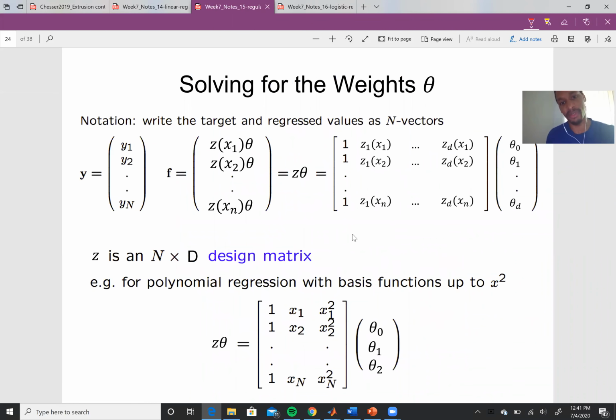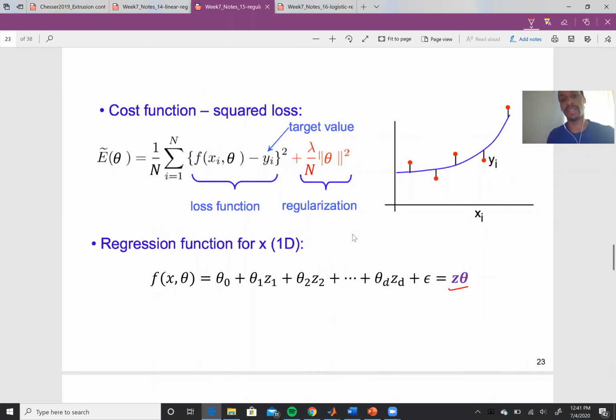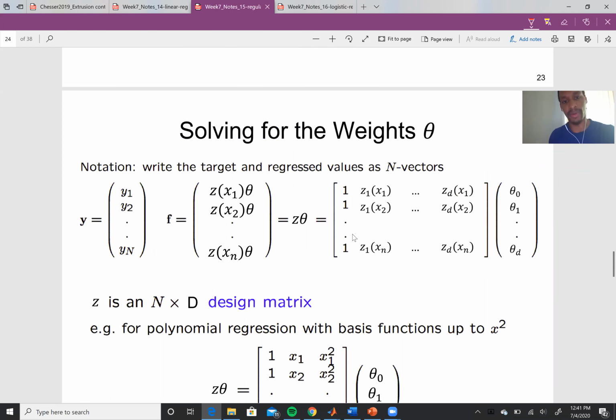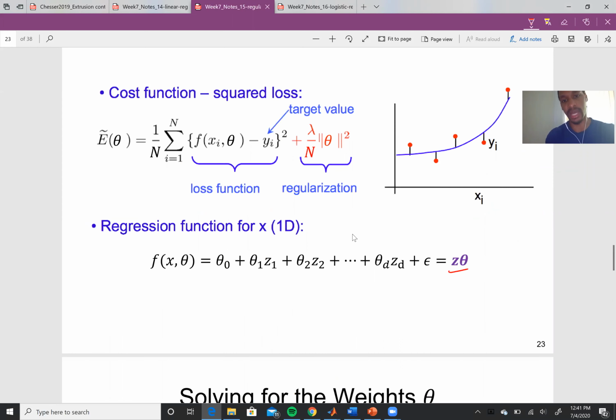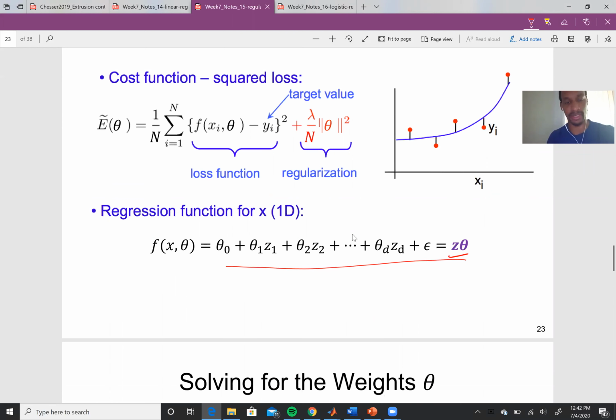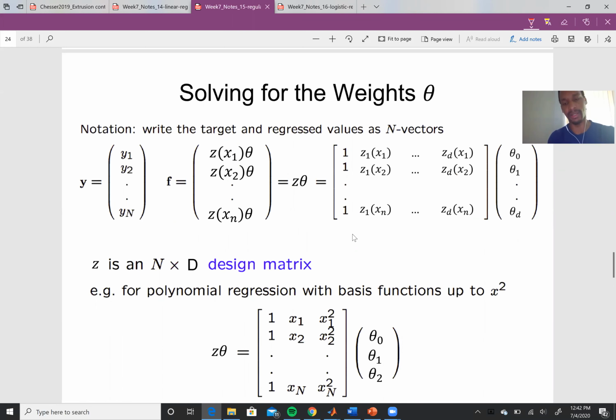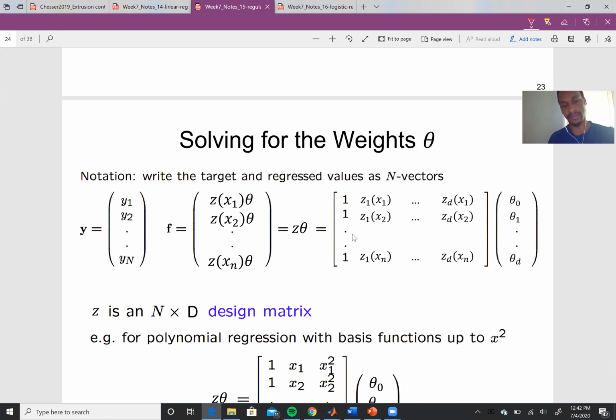In this case, after you choose this lambda, you can still write this as a one-shot regression problem. So if you write your regression function like this, as we've seen before, this f of x theta, then you can write in all the different matrices.